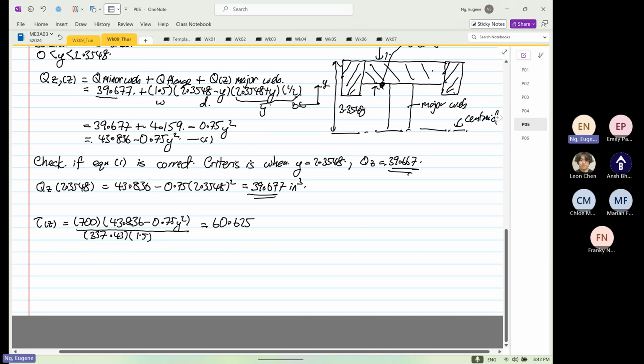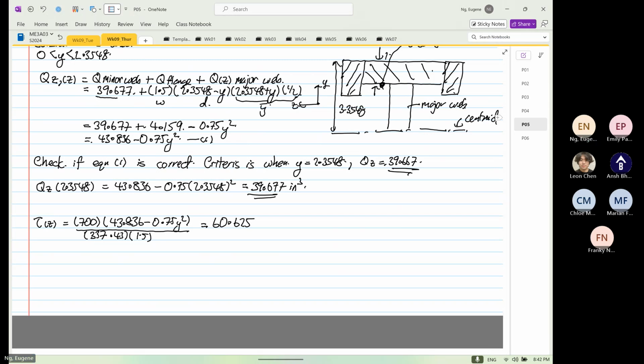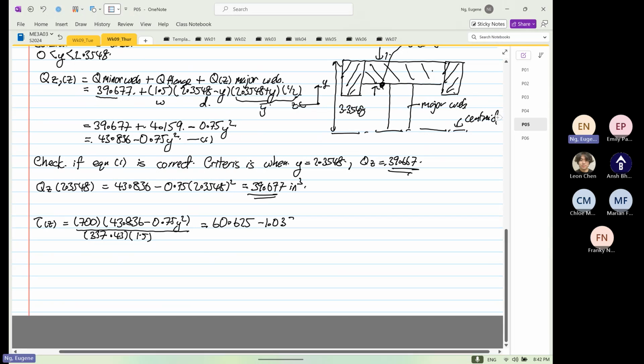Okay, 700 times 43.836 divided by 337.43 divided by 1.5, and 700 times 0.75 divided by 337.43 divided by 1.5 is equal to 1.03737 y squared. So now you realize that the function changes already, like what you have expected, right?